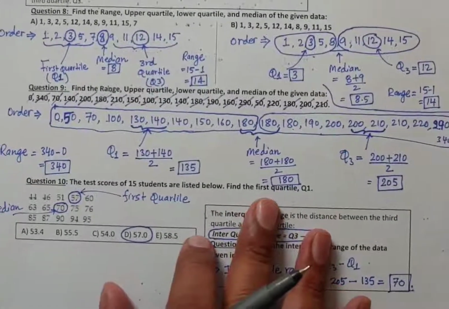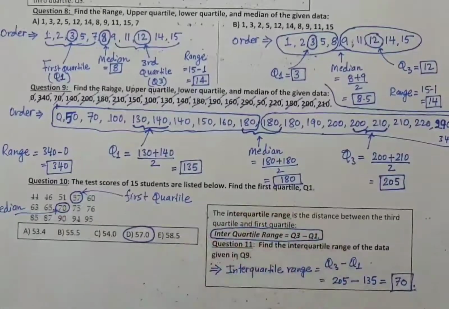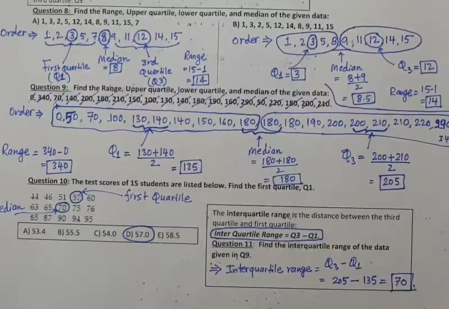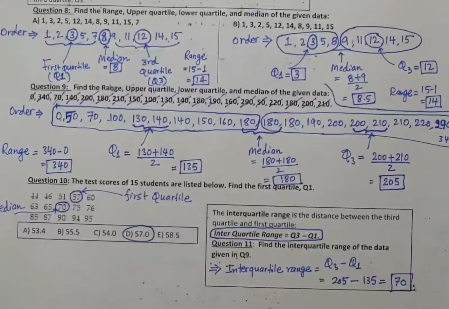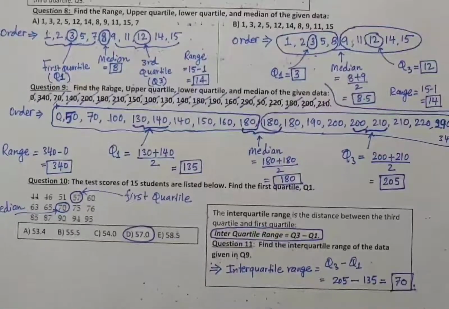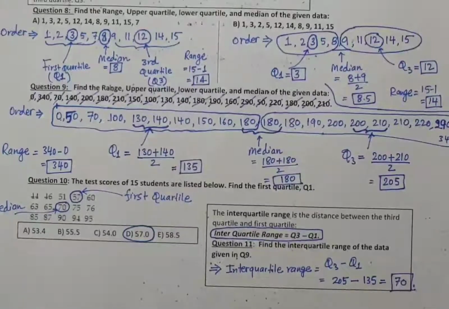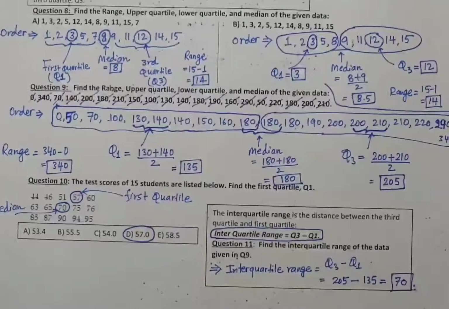Okay, so we did the median, we did the quartiles, we did the weighted mean of the data, frequency distribution, mean of the frequency distribution, mean of grouped data, and we did range, and we did the quartiles.